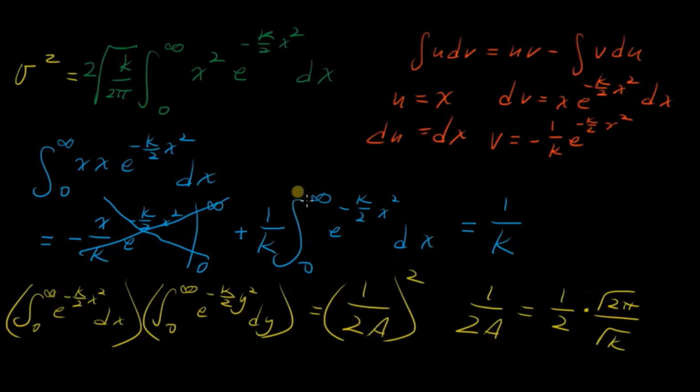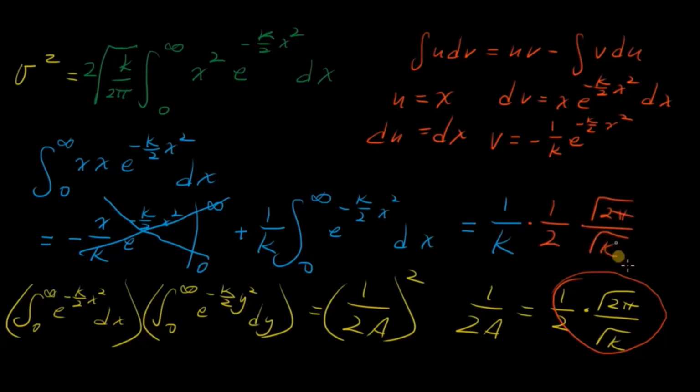If you look at this part here, not counting the 1 over k, but just this part here, that was equal to the square root of this. So this thing here is equal to 1 over 2a, and 1 over 2a turned out to be equal to all this. So we're down to this. Okay, I'm going to have to make some room.